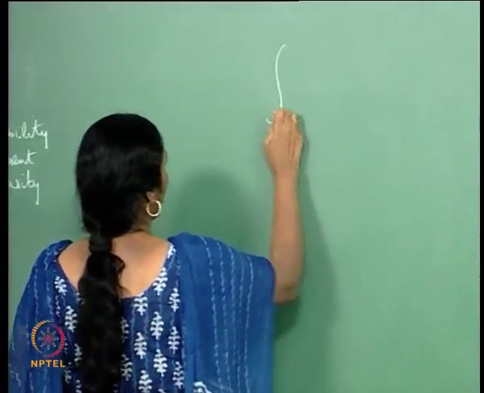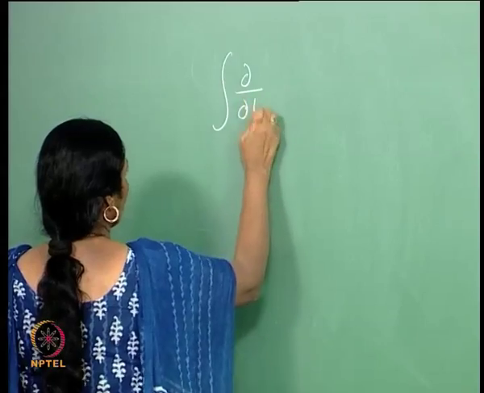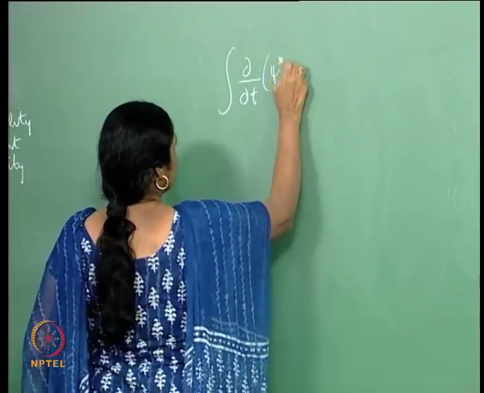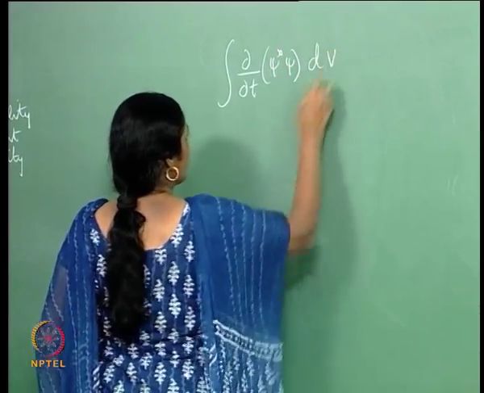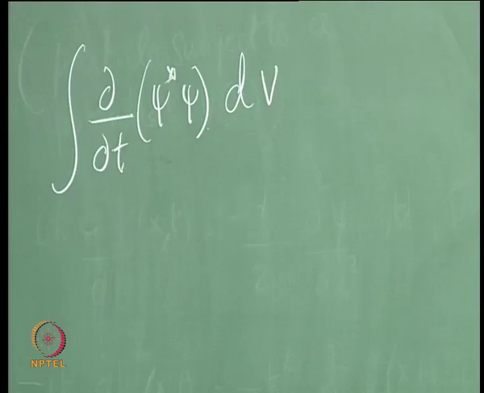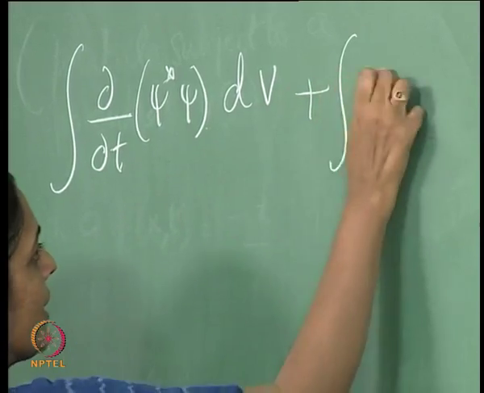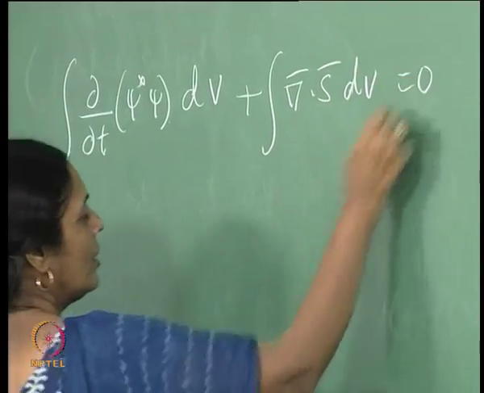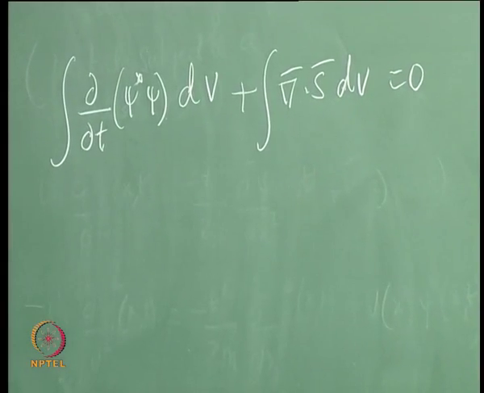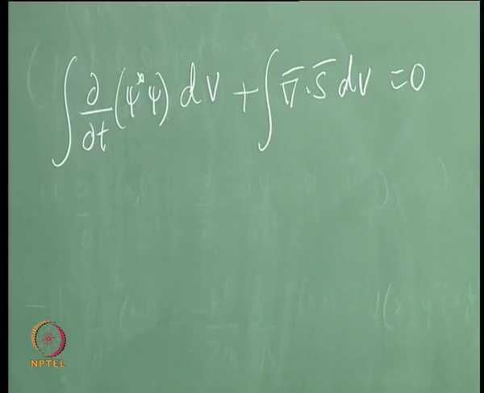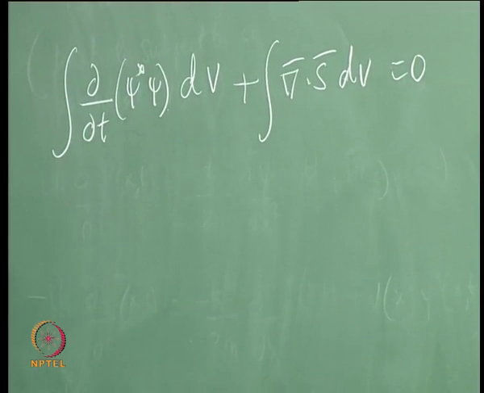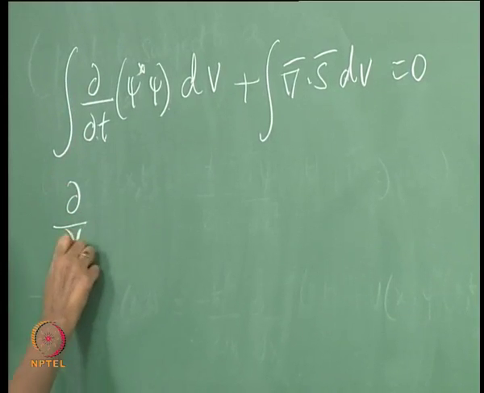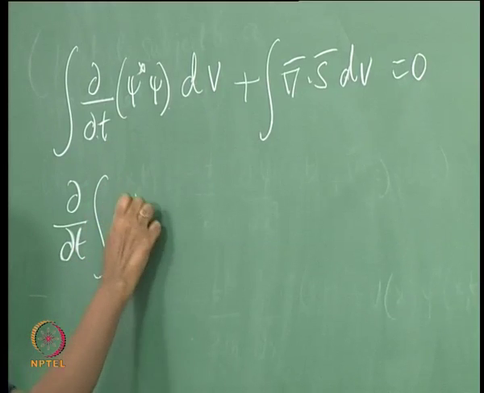and do an integration over x or over the volume, because we are now doing it as a 3-dimensional problem, integral dV, that is the volume, plus integral del dot S dV, that is the elementary volume, that quantity is equal to 0. I can always pull this outside, since the integral is over the space.